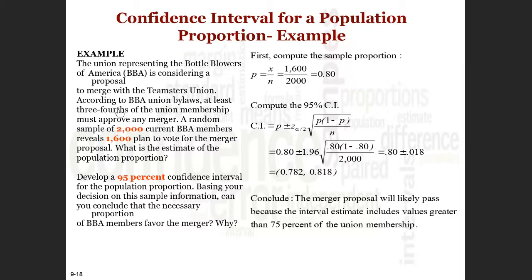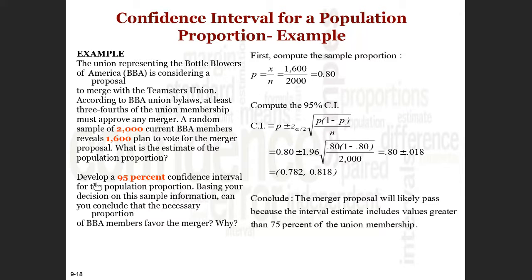What's 3/4 of 1? 75, right, John? This is what you've got to do when you're reading the problems. So 3/4 of the union, at least 75% of the union membership must approve a merger. A random sample of 2,000 current BBA members reveals 1,600 plan to vote for the merger. What is the estimate of the population proportion?